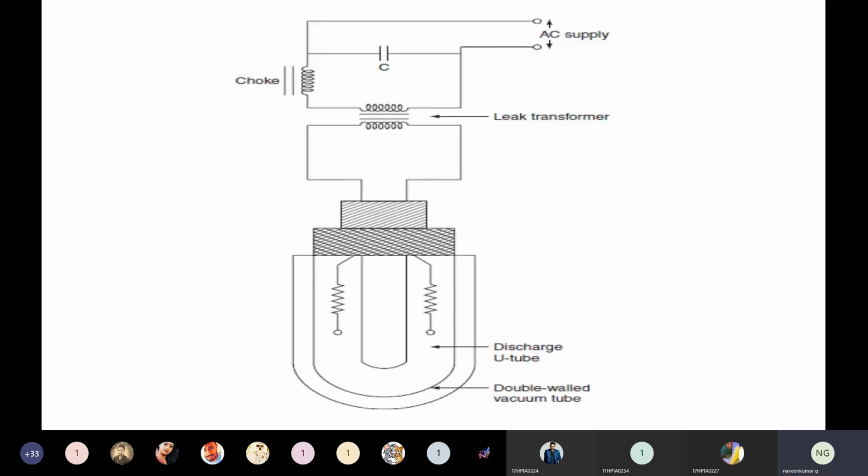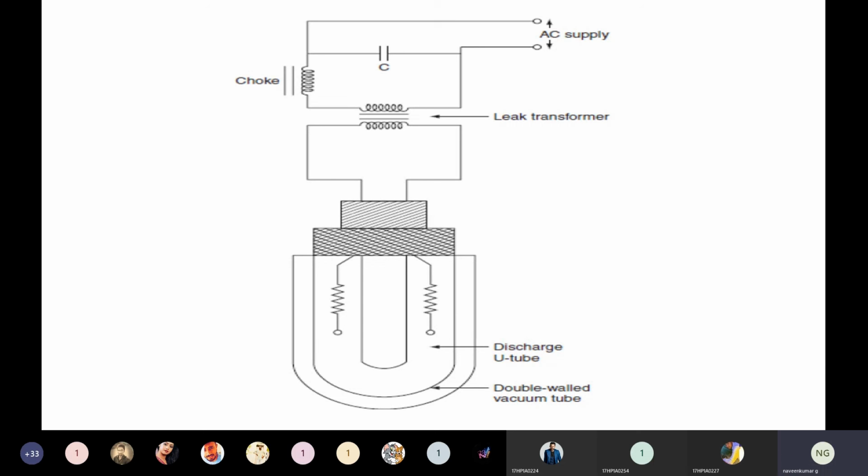We are going to see the structure now. You are observing two tubes. This is the structure of the sodium vapor lamp. You have got an AC supply, a power factor correction capacitor, and a choke or a ballast. Next you have a leakage transformer, which is given to your discharge tube, a double walled tube. In this discharge tube you have got two sets. One is a U tube in which you have the electrode set.